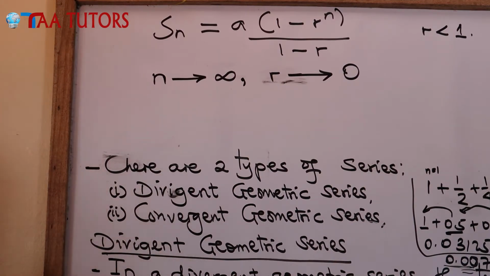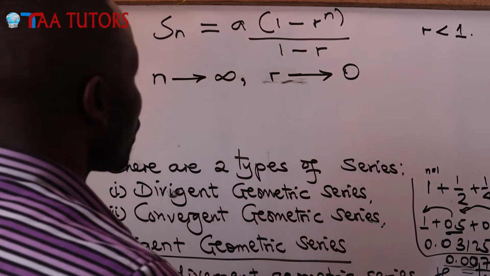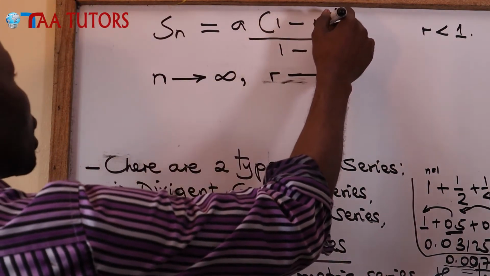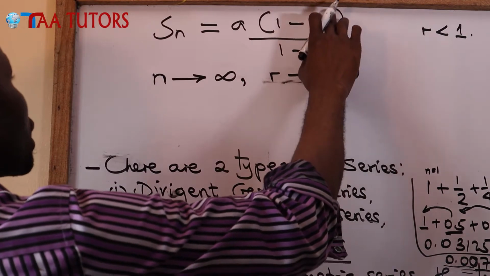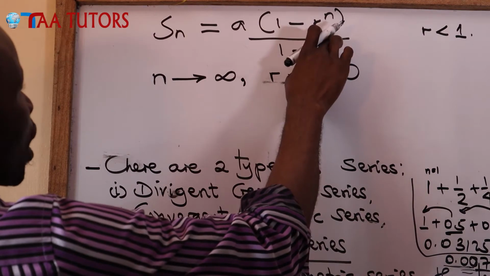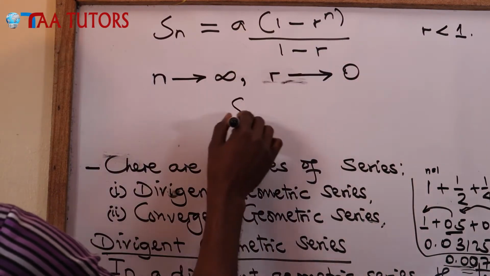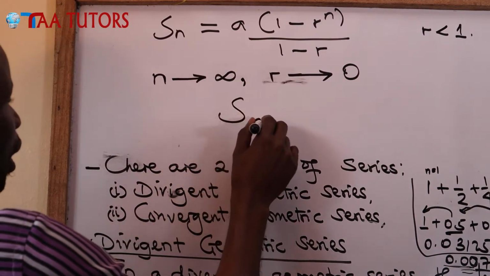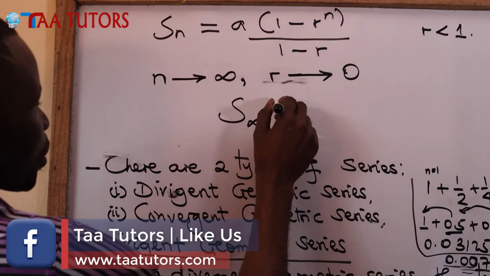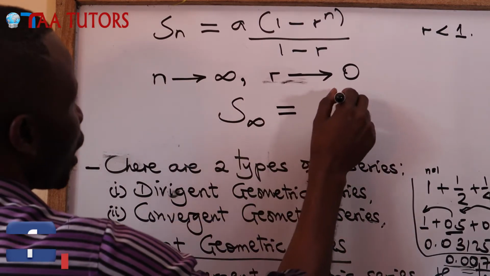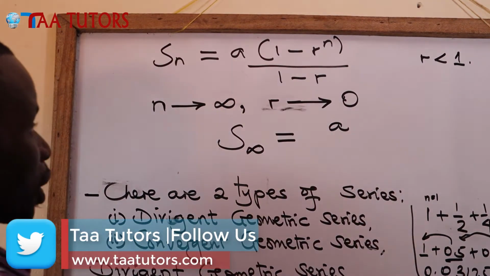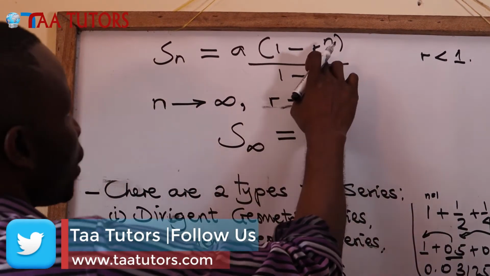As you keep on moving in that direction, you expect these values of r to approach 0 as n tends to infinity. So if this r approaches 0 and becomes 0, it means that r to the power n will just be 0. And so we are going to have 1 minus 0 is 1, times A. The formula for the sum to infinity of these terms will therefore be A divided by 1 minus r, because when r becomes very small, very close to 0, then r to the power n becomes 0.